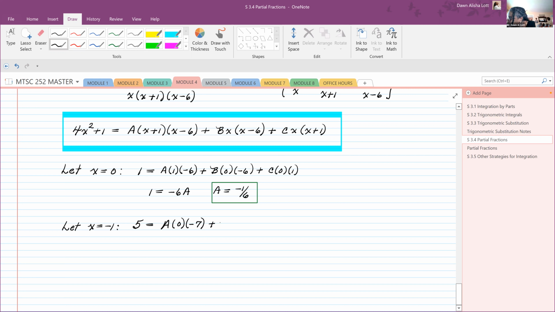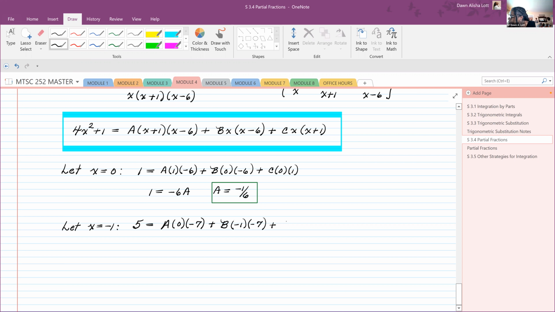Plus B, which will be times -1 for x, and then -1 minus 6, which is -7.